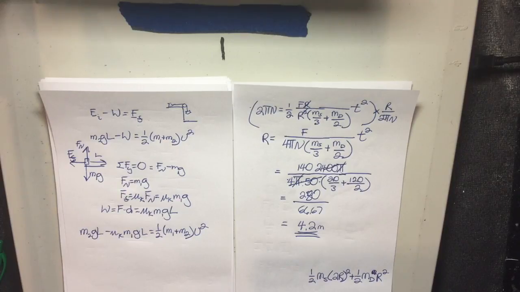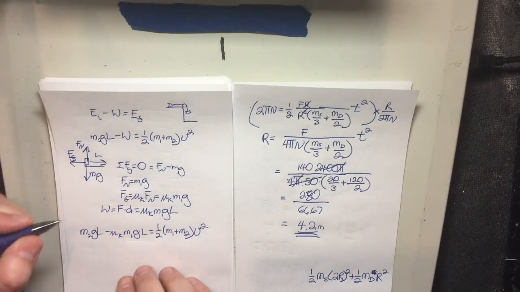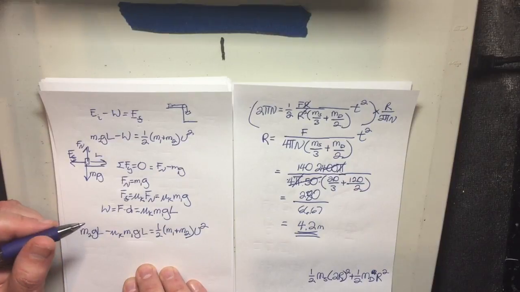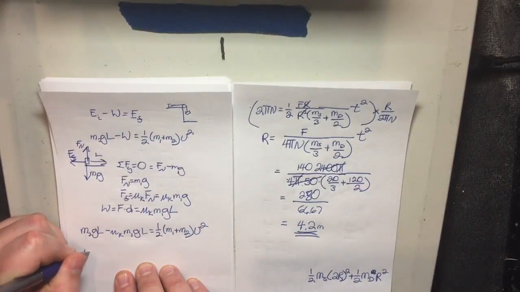And now this is at the point where most students just fall apart and cry, because I didn't give you the masses. But what I did give you were the ratio of the masses. I said that M2 is 4M1.